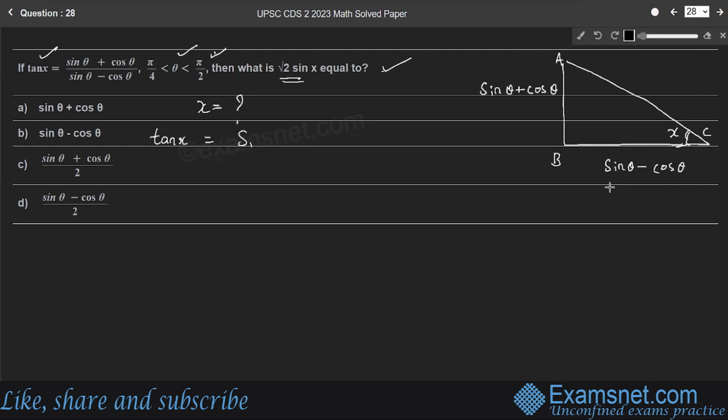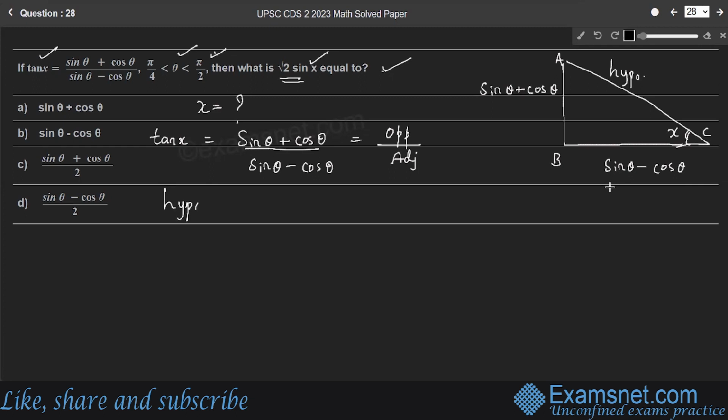To find sine x, we need the hypotenuse, which is AC, because sine x is opposite by hypotenuse.